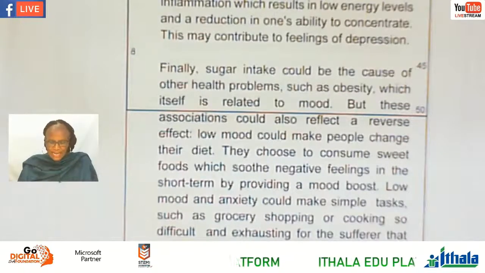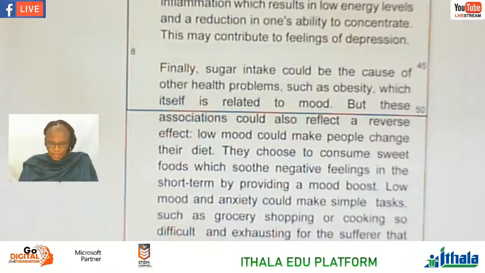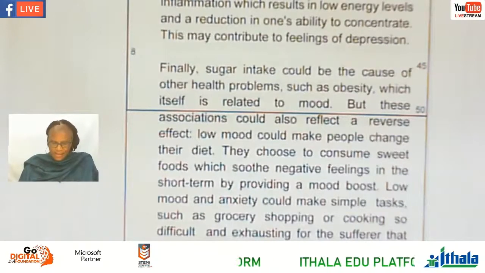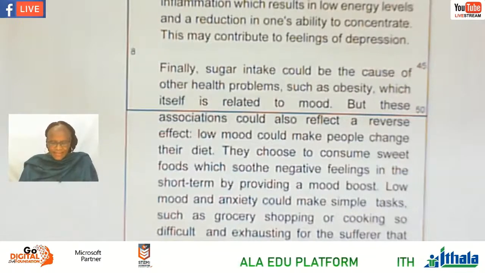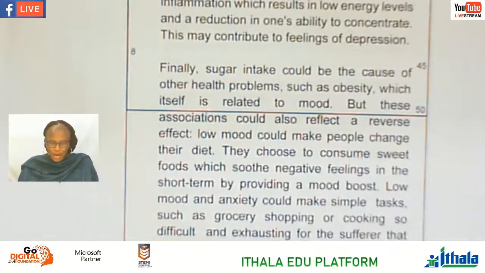Low mood and anxiety could make simple tasks such as grocery shopping or cooking so difficult and exhausting for the sufferer that they might start to avoid them. Instead, they eat junk food, takeaways, and ready meals, all of which have a high sugar content.